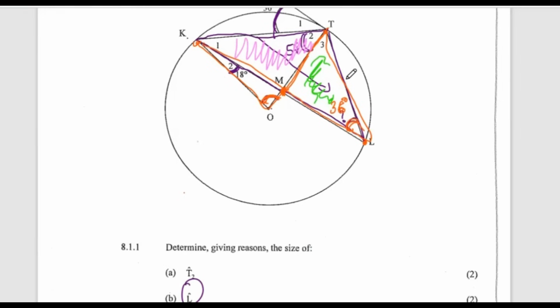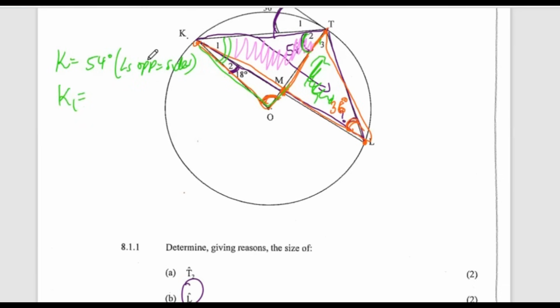So let me try to find the whole of K. K is going to be 54. The reason is going to be angles opposite equal sides. Because we know that this is a radius, this is also a radius. So this is an isosceles triangle. So this 54 must be the same as that 54. Then if the whole of it is 54, then what is K1?